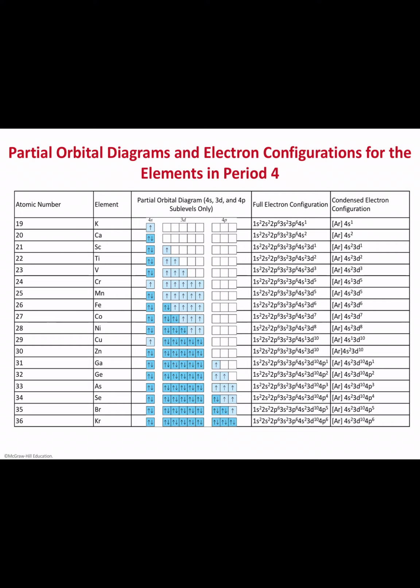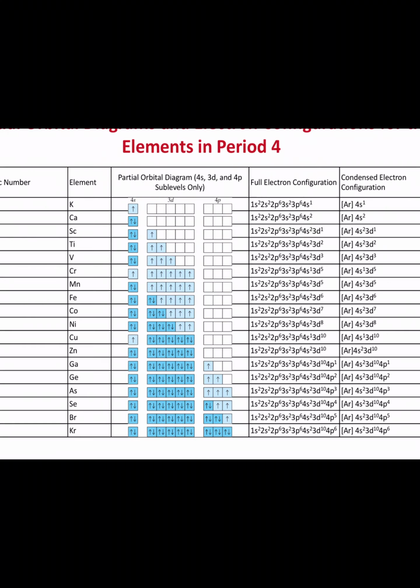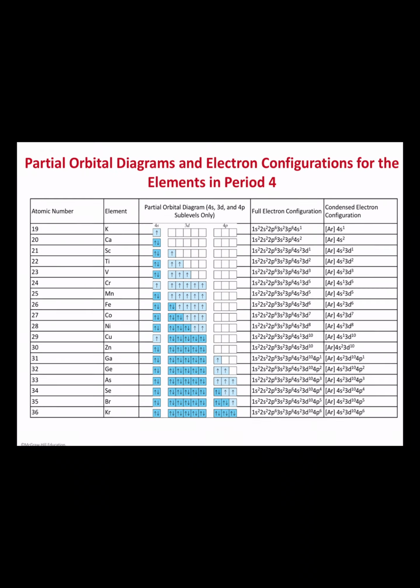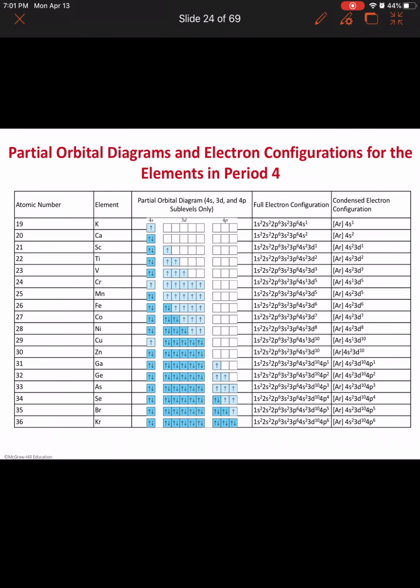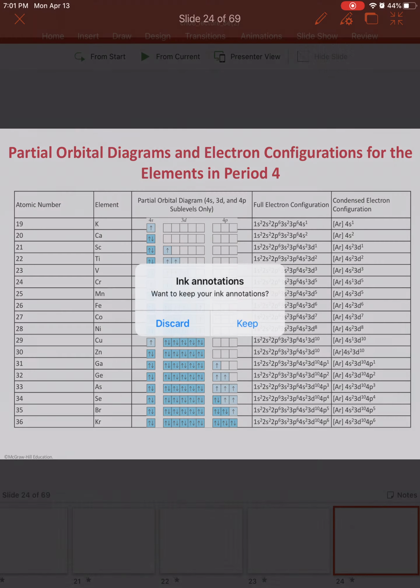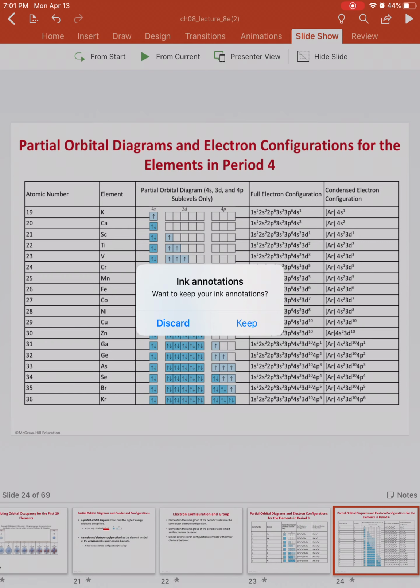And this is the partial orbital diagram and electron configuration for the elements in period 4. Okay. Let me show you the diagram that I was referring to, what you can use to fill up the orbitals.